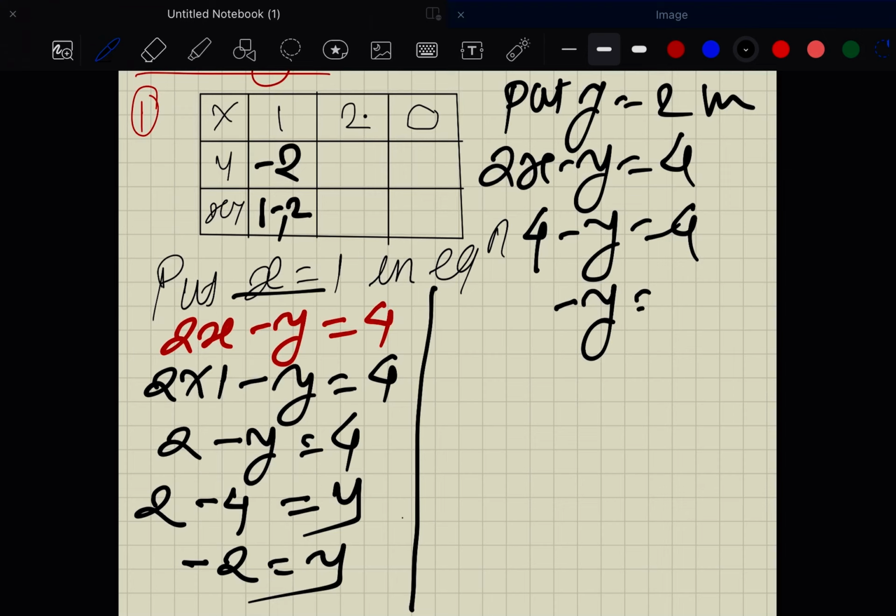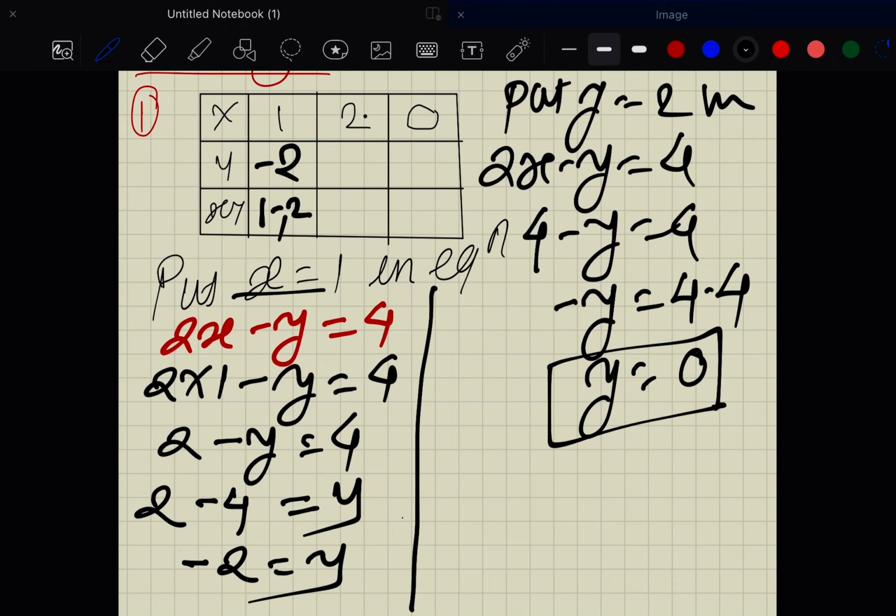So minus y is equal to, if you shift this 4 from left to the right, it becomes minus 4. So we get 4 minus 4, which is equal to 0. So we get y is equal to 0. So write down here, y is equal to 0. So the coordinate for the second point is 2, 0.